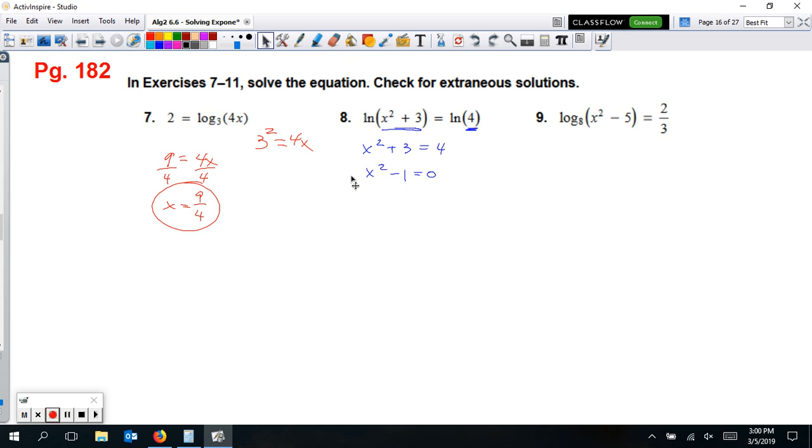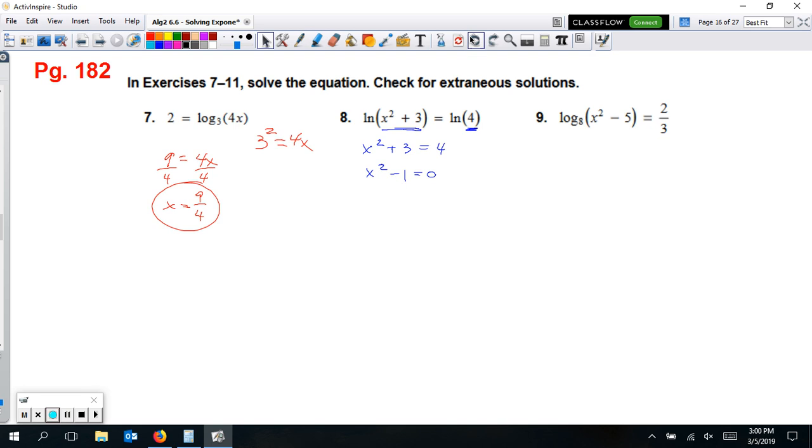So we can think of it as a quadratic where you have x squared minus 1 equal to 0, set it equal to 0, and then factor it. At this point we have two ways we could do this. We could use factoring to solve this, or we could use the square roots to solve it. I'll show you both ways, but this is the factoring way, where we set it equal to 0. So I subtracted 4 from both sides to get my -1 over here.